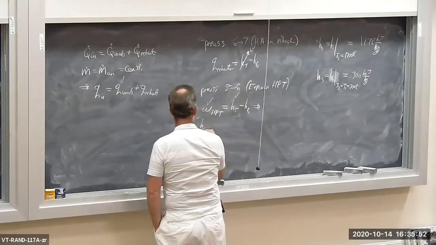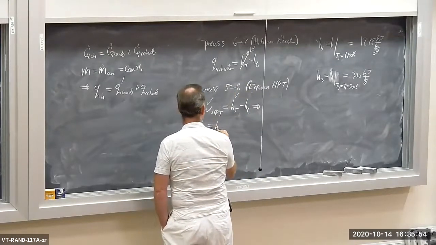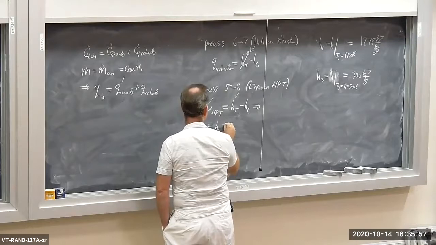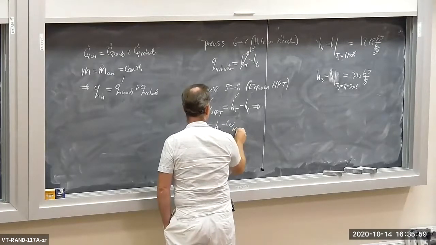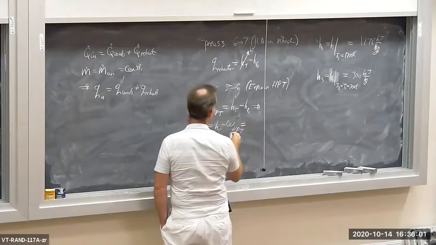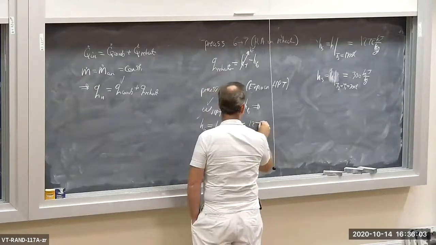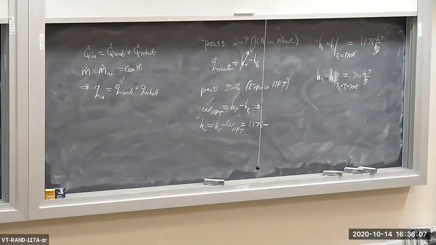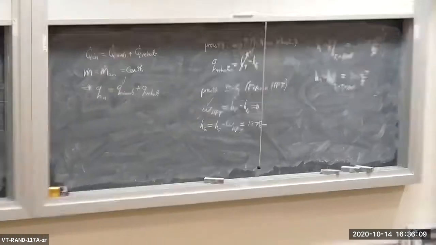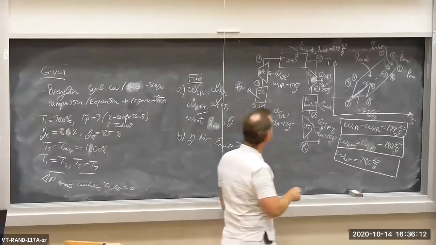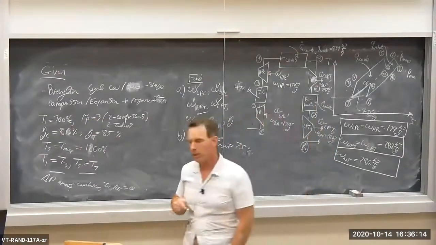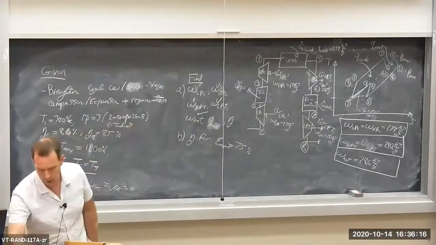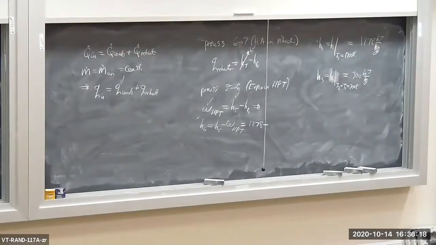So H6 equals H5 minus WHPT. Let's see, H5 is 1278, and the specific work for the high pressure turbine, we already calculated that, is 282 kilojoules per kilogram.